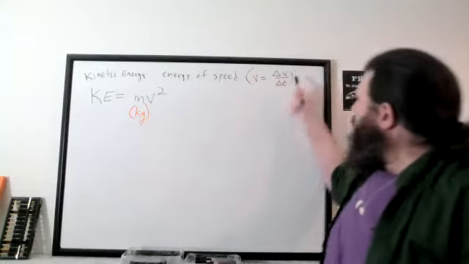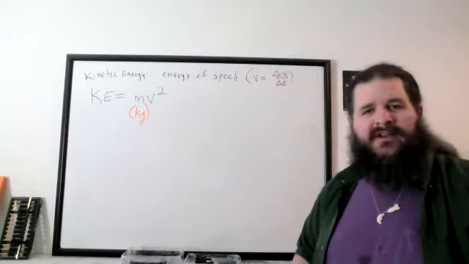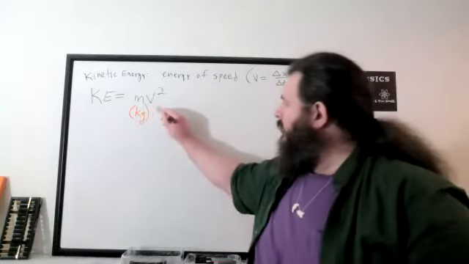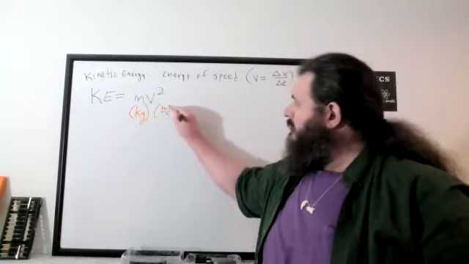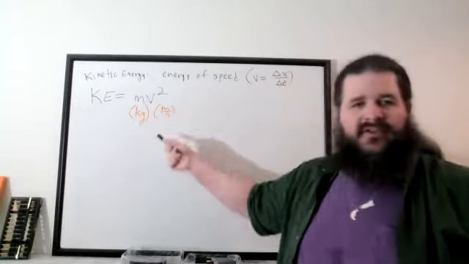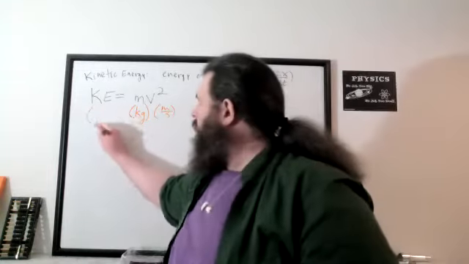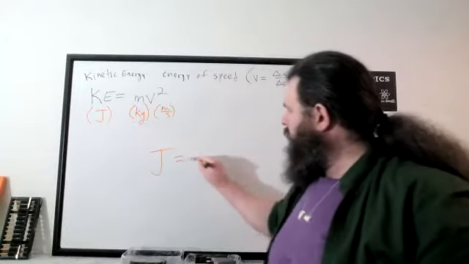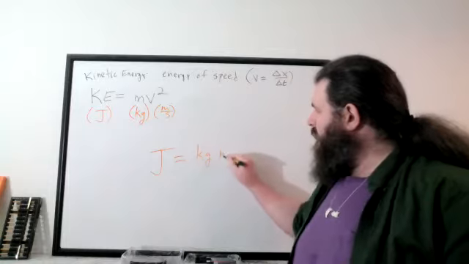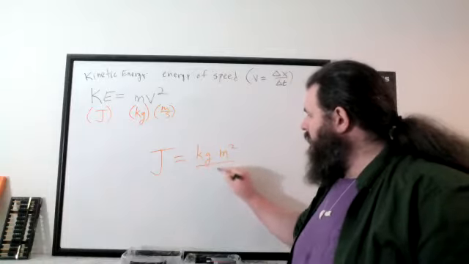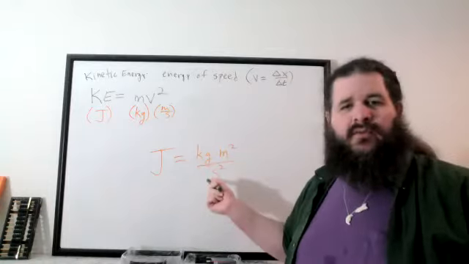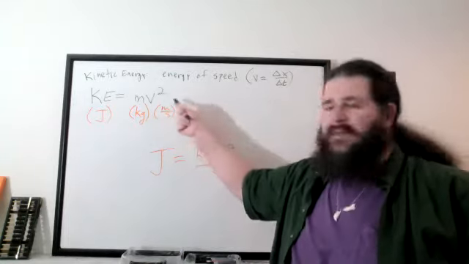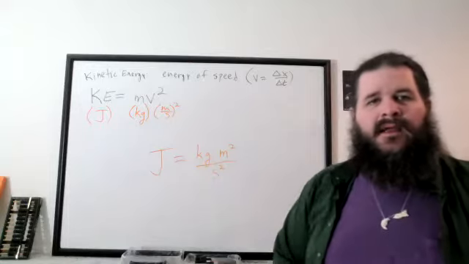And if speed is defined as distance over time, what would that be measured in? Meters per second. Right. If you just multiply kilograms times meters per second, you don't get joules. It turns out joules is actually kilograms times meters squared over seconds squared. So in order to get the units to work out right, we need a squared on the velocity, so we get kilograms meters squared over seconds squared.